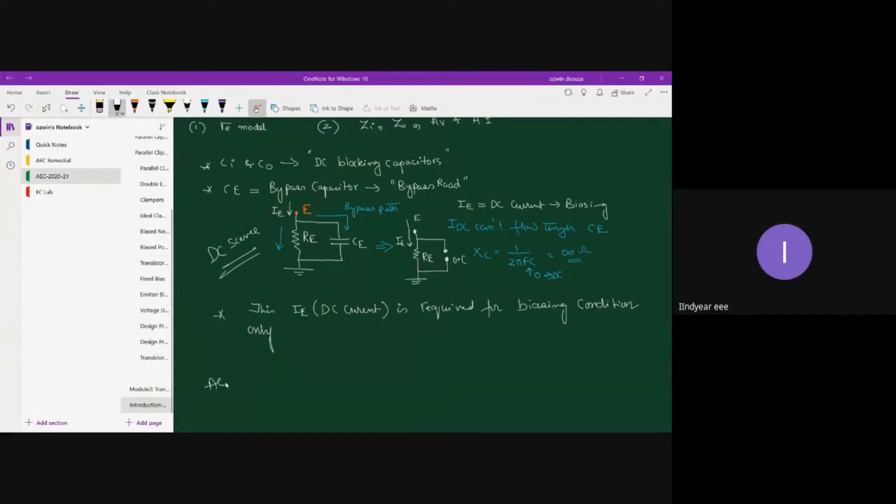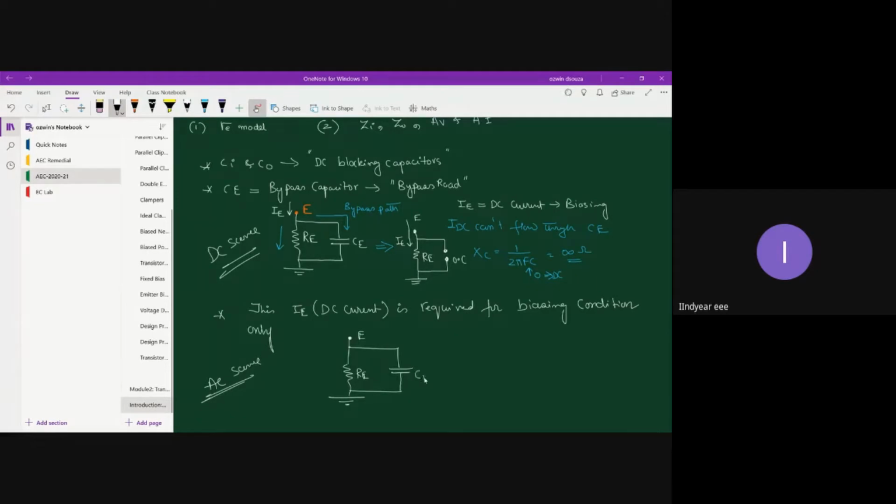Now let us see what will happen when there is a flow of AC current. Let's call it the AC scene. Now let me redraw the same circuit. You have an emitter resistor RE, and across the emitter resistor you have your bypass capacitor CE.